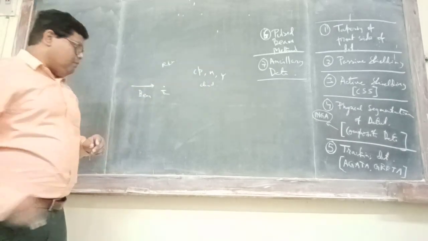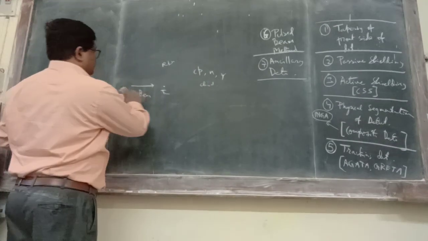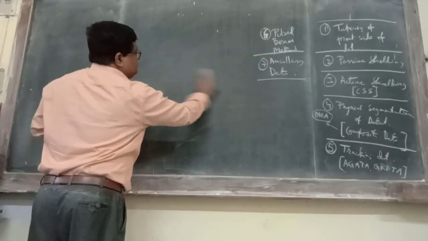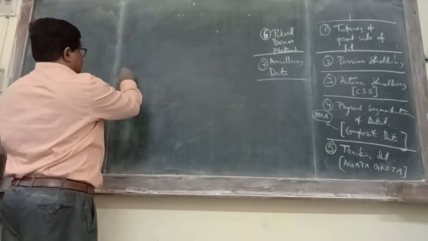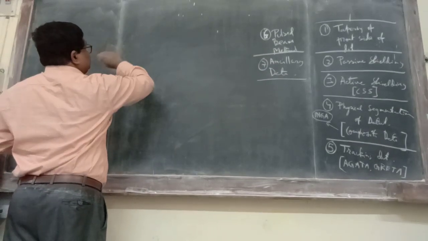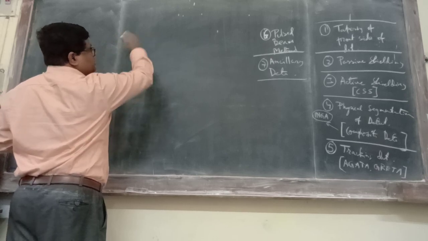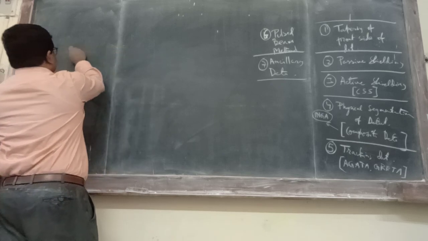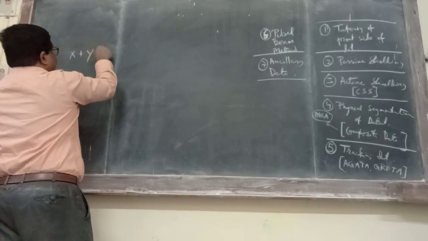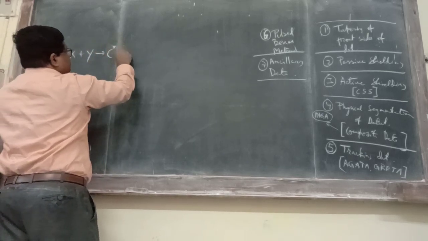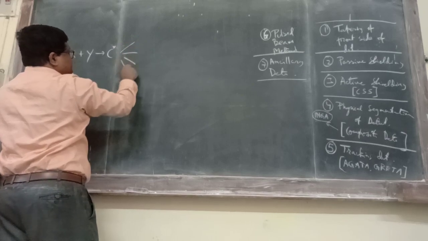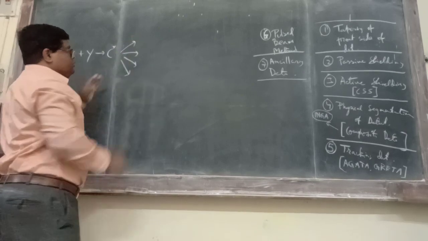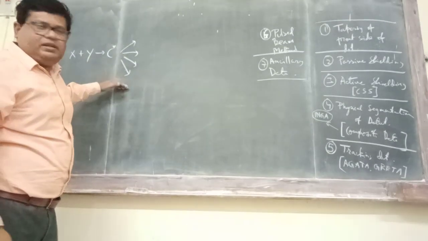Let me give you an example. Suppose, as a result of the reaction, this set of particles are created. Suppose there is this X plus Y, it forms a compound nucleus C star, and as a result, certain nuclei are produced. Let me just consider 4 scenarios.